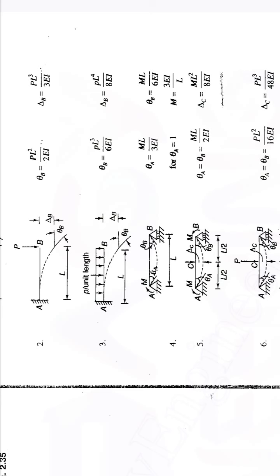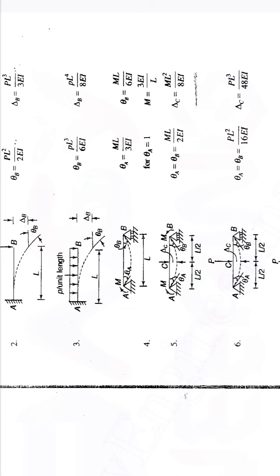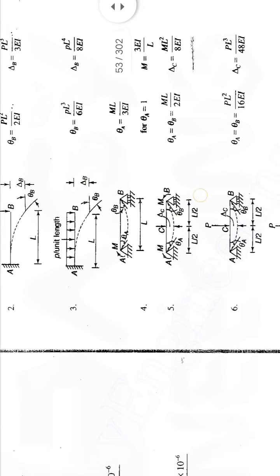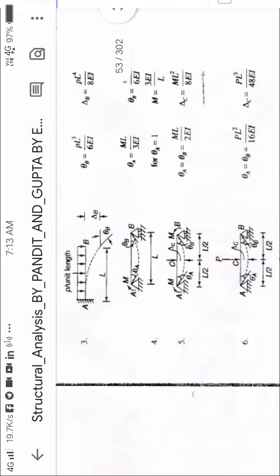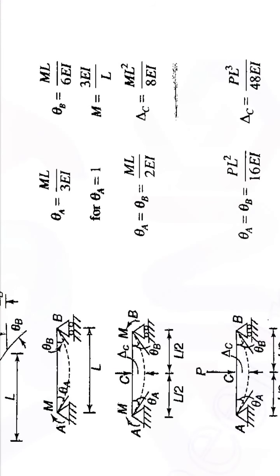1. Sorry. Similarly, if we go for the fifth one, we have two moments acting at the ends of the supports, and theta a, theta b will be ML by 2EI, and delta c is ML square by 8EI.